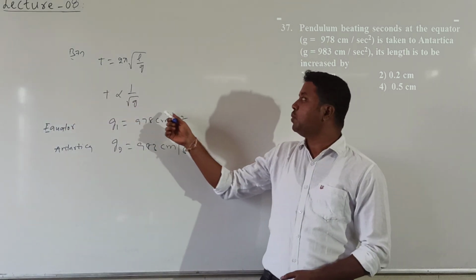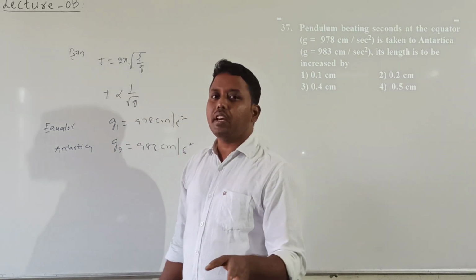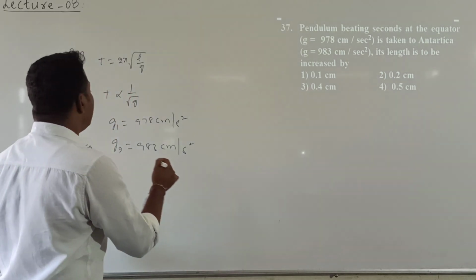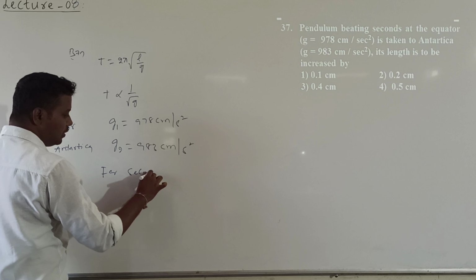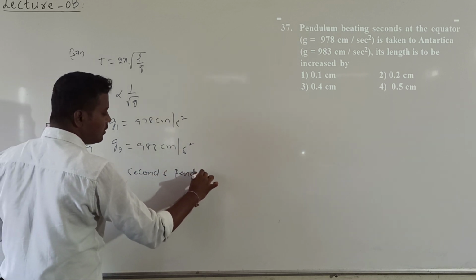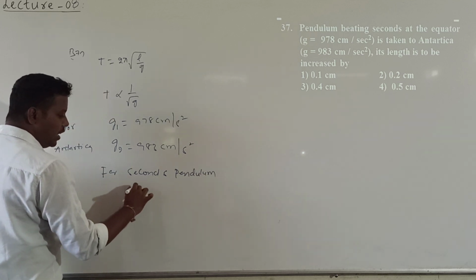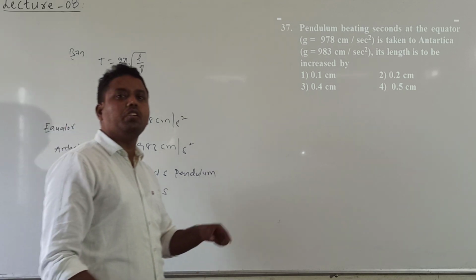When the G value increases, obviously the T value decreases. But this is for a second pendulum. For a second pendulum, the time period is 2 seconds. To maintain the same time period, what do we need to change?